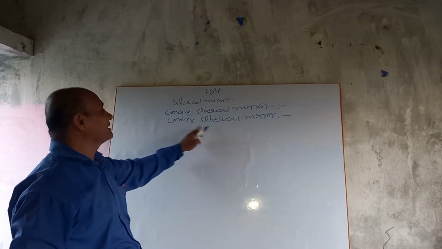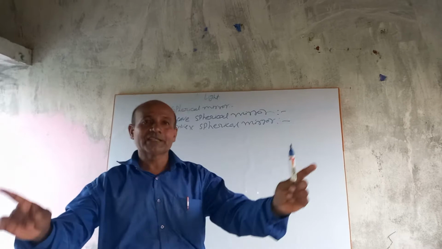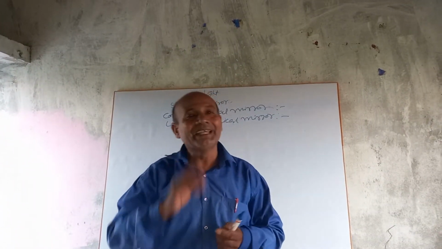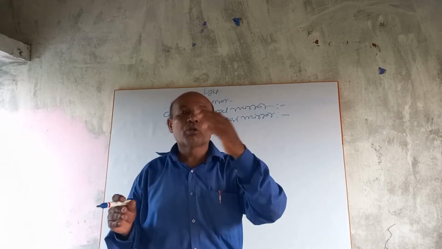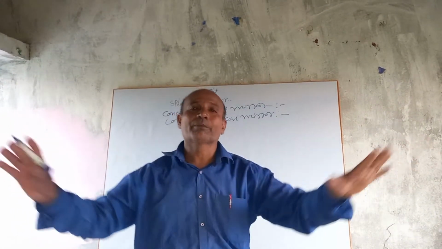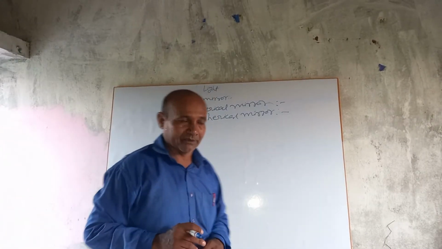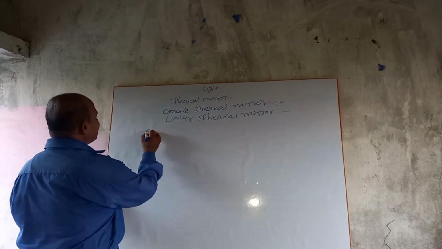Second, convex spherical mirror. That spherical mirror in which reflection of light takes place from the convex surface is called convex spherical mirror.